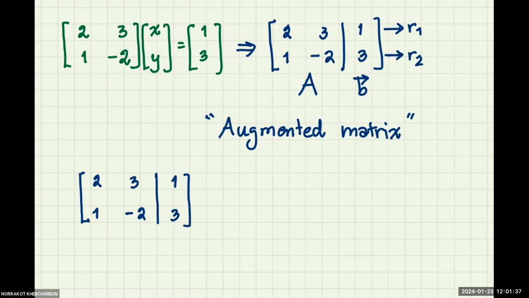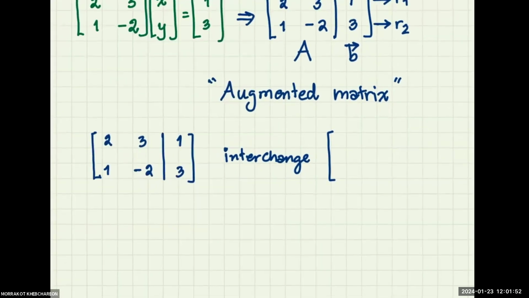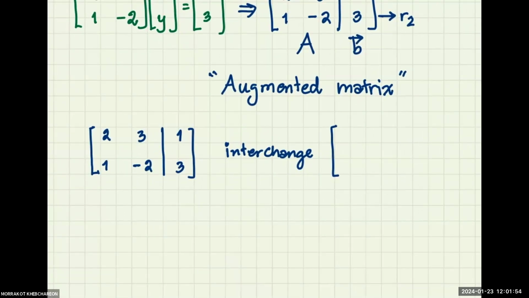If I want to interchange the rows, so in the first one, I will write down that R1 equal to R2.